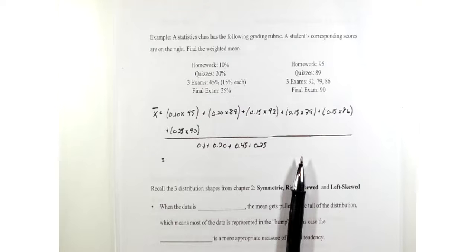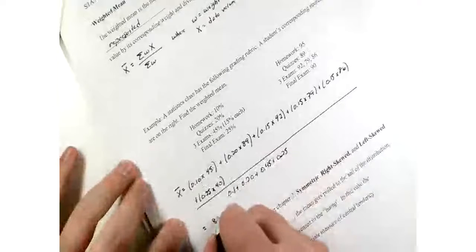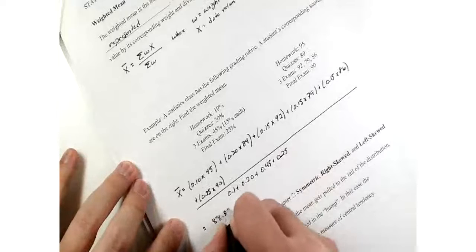Did anyone figure it out? Correct. So in this class, if you got an 88.35, what do you think I would give you for the course?